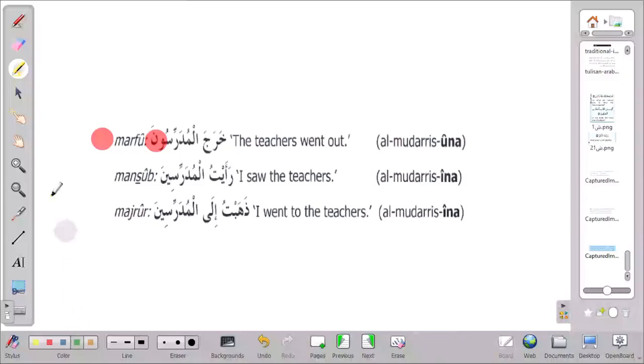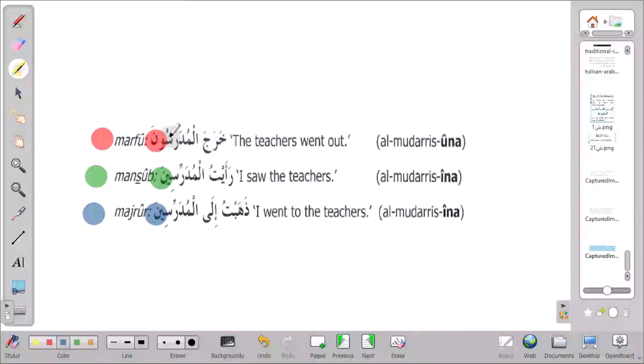The waw will turn to yai. Here it is mansub, so we have yai wa nun at the ending. In the same way, when it is majrur, you have yai wa nun. I hope that is clear.